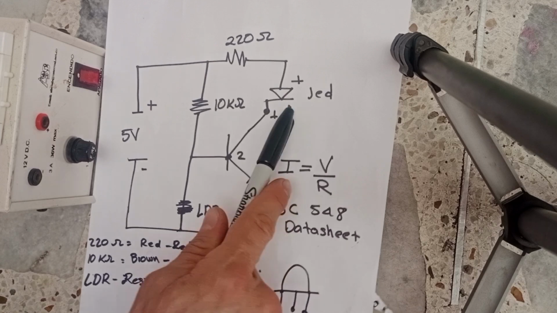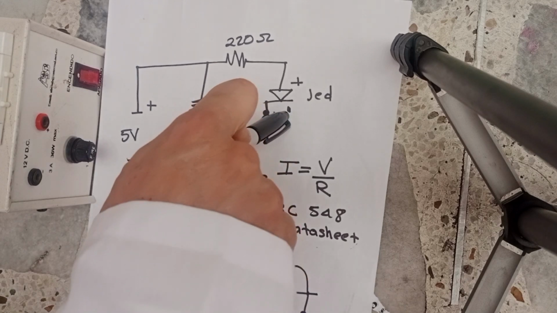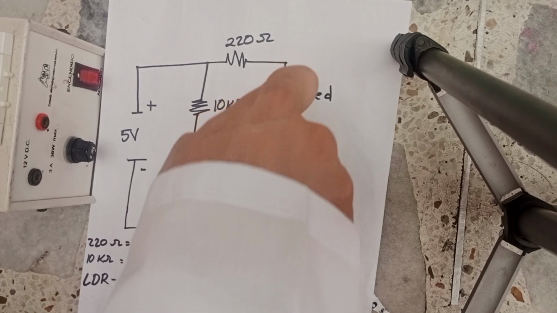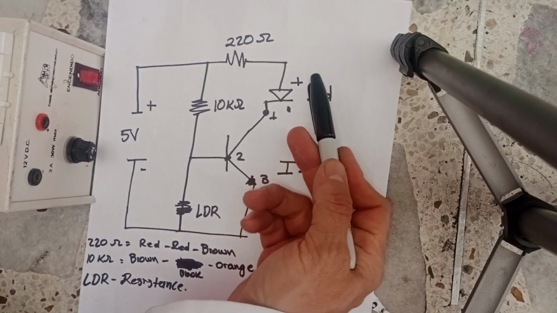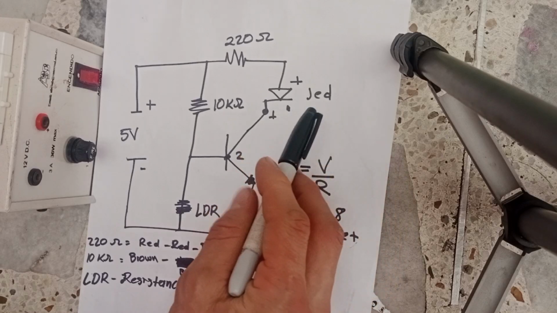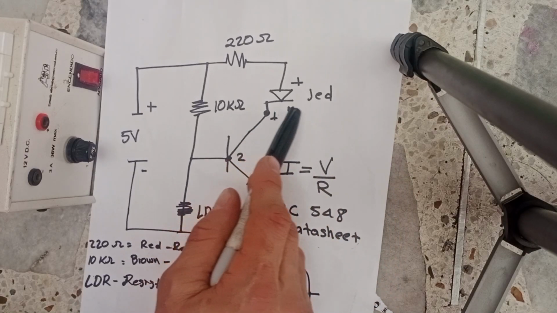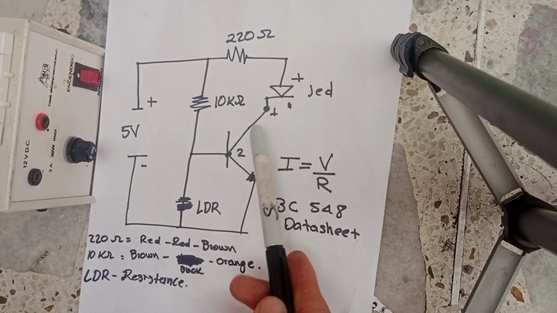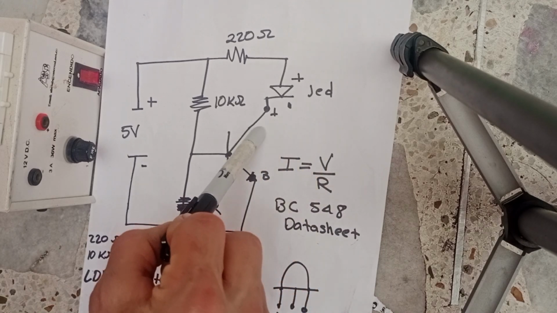This LED is like a resistance that has polarity, because it has positive and negative, and you've got to pay a lot of attention. The LED has a negative pin, and you've got to remember that it is the shortest one.